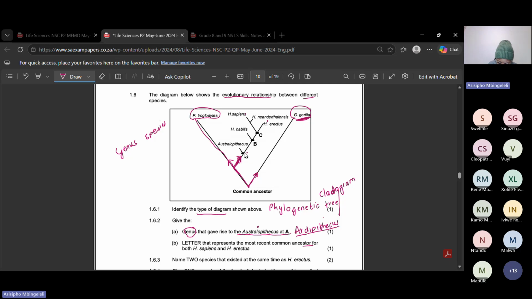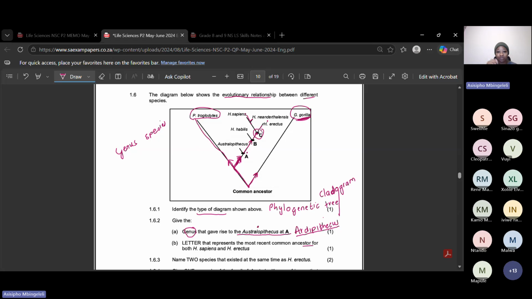Here, then there, that would be the branch, and then we're at C. At C, we had a branch for erectus, Neanderthalensis and sapiens. So the letter would be C. At that point C, we were able to get 3 branches: the branch for erectus, for neanderthalensis, and then for Homo sapiens.